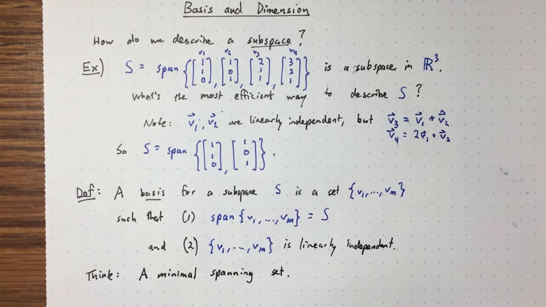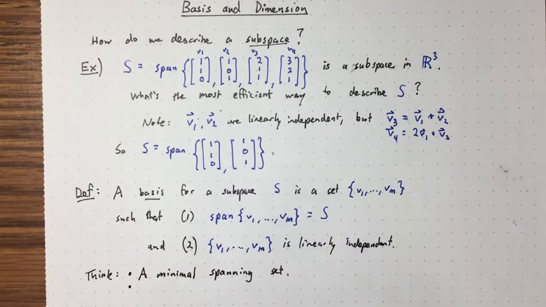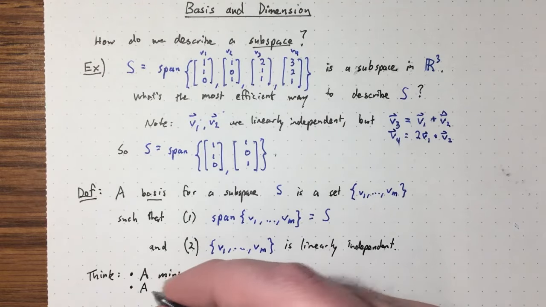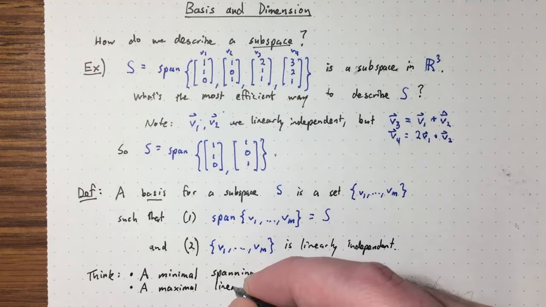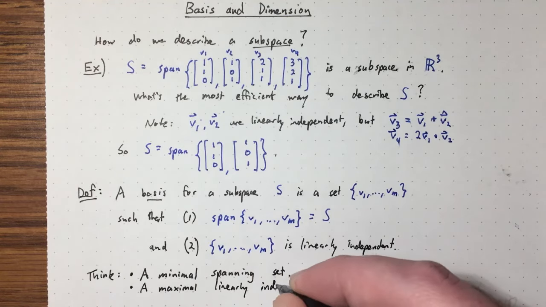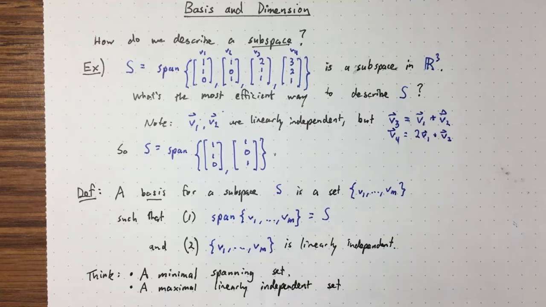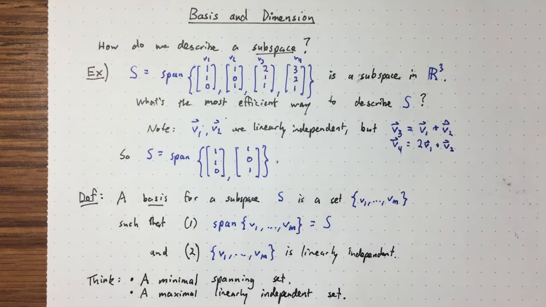Or you can think of it in terms of linear independence. It's a maximal linearly independent set. We keep adding vectors until we can't add any more, or else they'll become dependent.